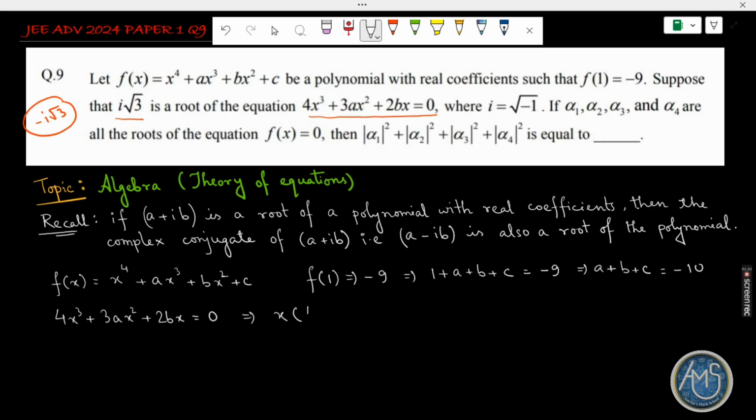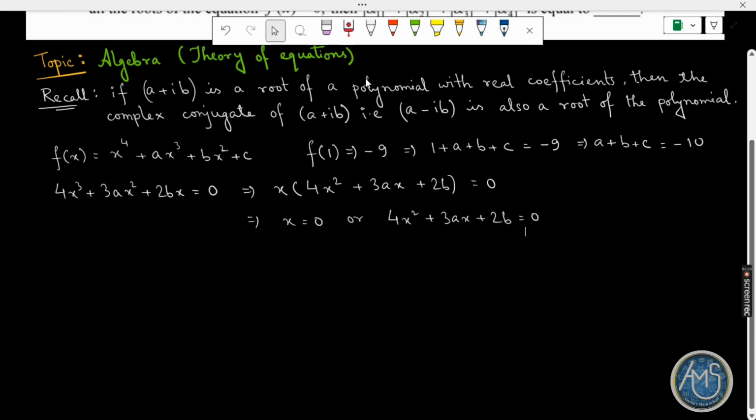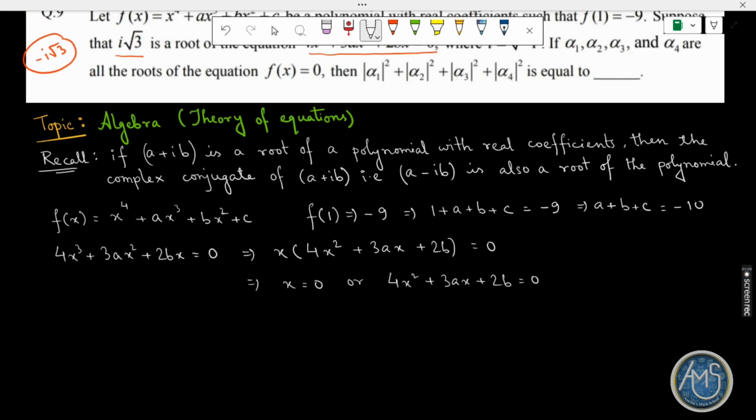Taking x common, we get 4x square plus 3a x plus 2b equals 0, which implies either x equals 0 or 4x square plus 3a x plus 2b equals 0. So i root 3 and minus i root 3 are obviously roots of the equation 4x square plus 3a x plus 2b equals 0.